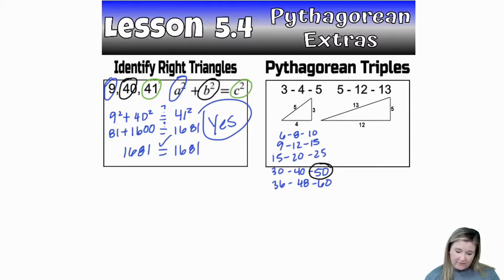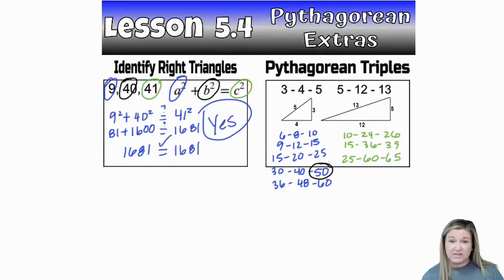If I multiply each of those by 2, I would have 10, 24, 26. Multiplying by 3, I would have 15, 36, 39. Multiplying by 5, I would have 25, 60, and 65.